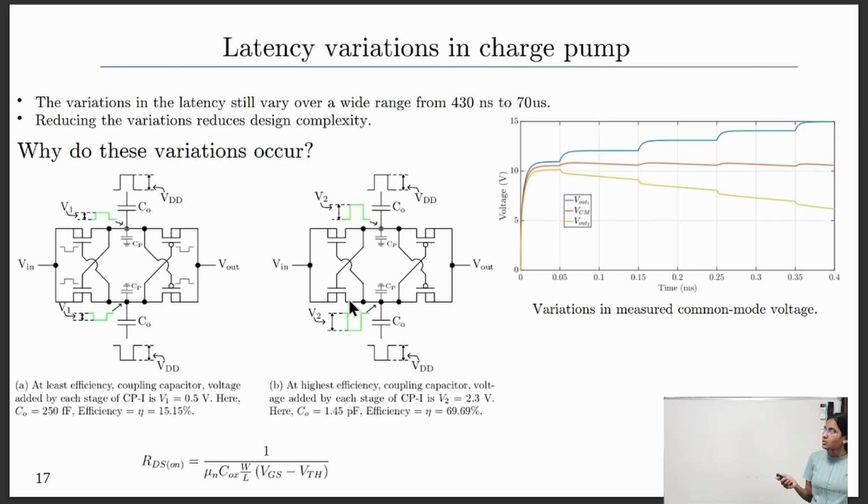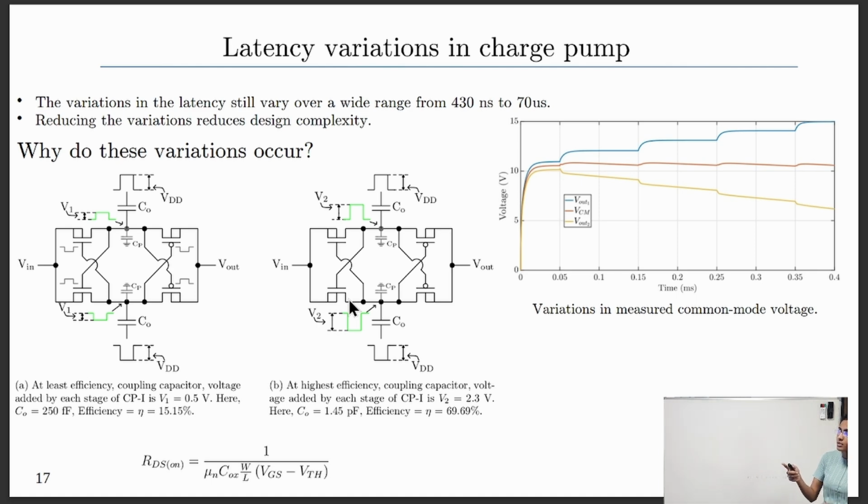This occurs because we'll be adding multiple capacitors in parallel when we need to increase the output voltage generated, and we'll be disconnecting them from the clock when we need lower voltage. So let's say V1 is the voltage the intermediate node sees at lowest efficiency.